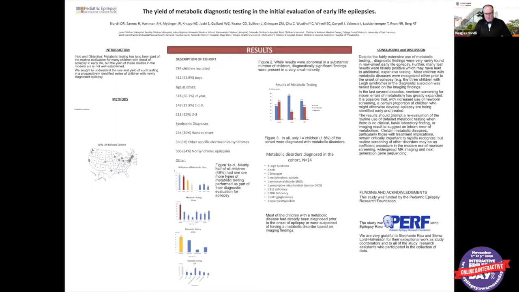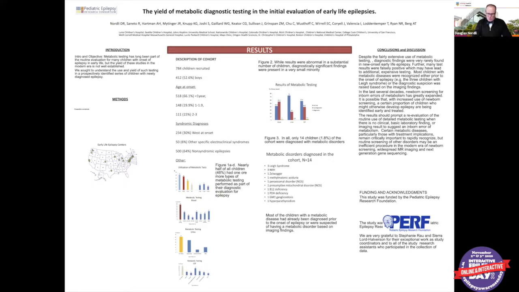The metabolic testing that came back positive was small, only 14 in this case series of literally 784 children. But when I went through this in detail and looked at these cases, what I realized is that most of them were already suspected and already the clinicians were clued in based on either newborn screening or MRI findings or simple blood test results.